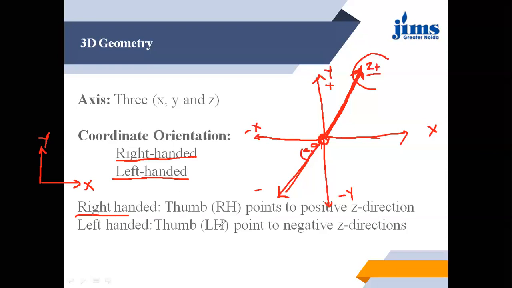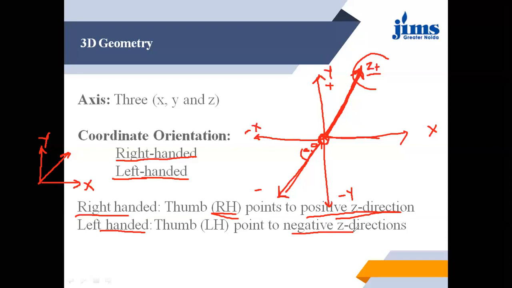If the right hand thumb goes in the positive direction, to the upside, then the value of z is positive. And when we are using the left hand thumb, then in the direction of the thumb, the value of z is negative.